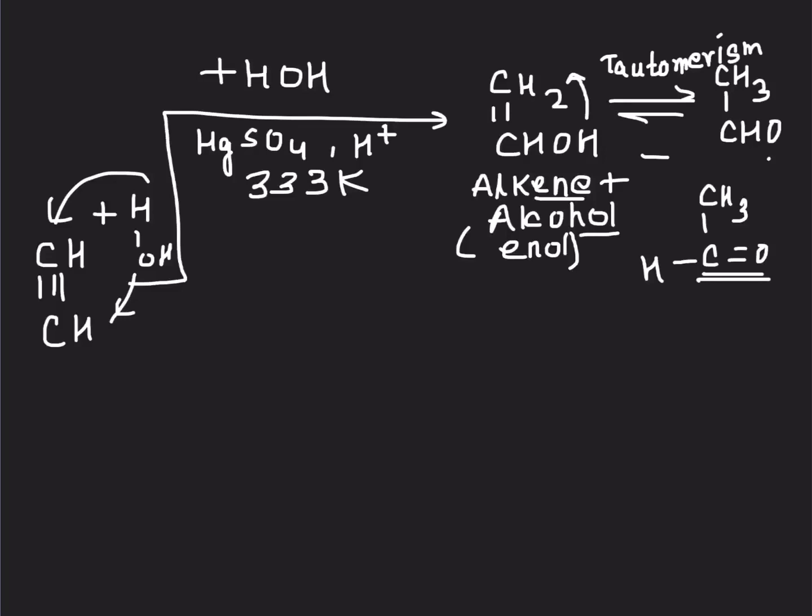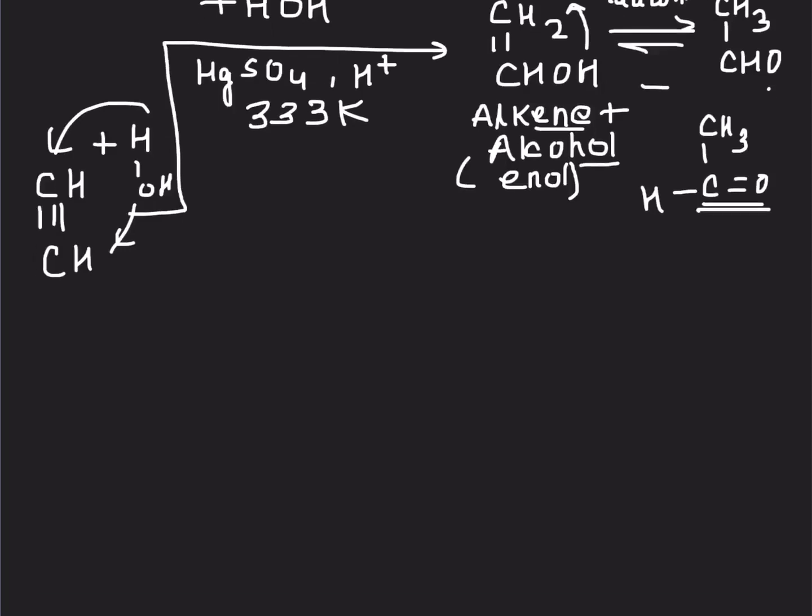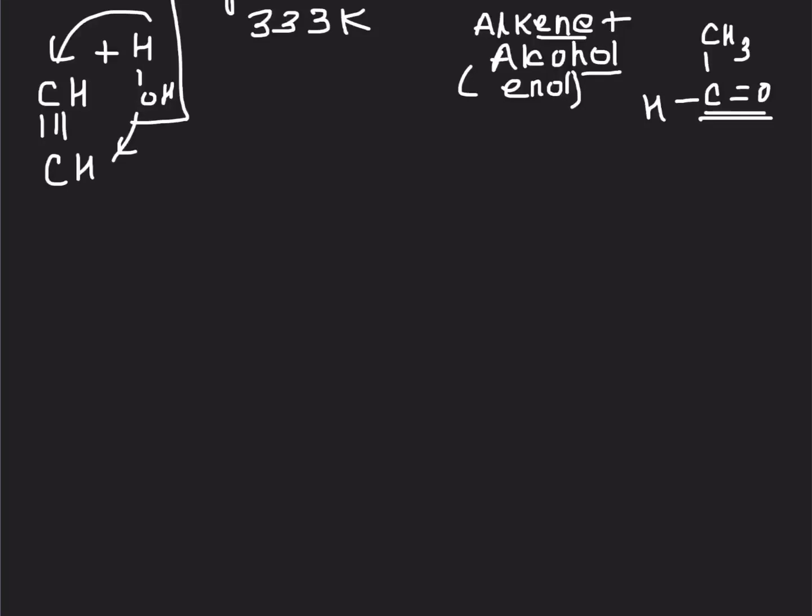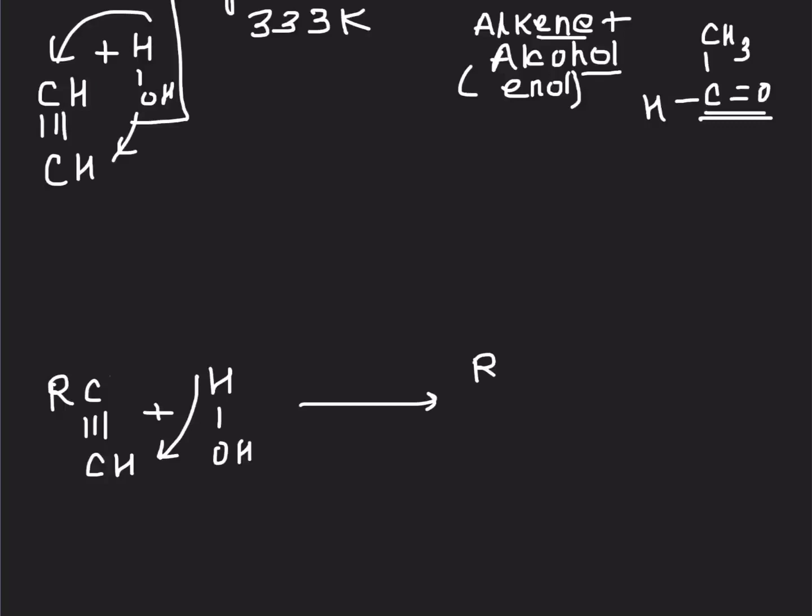Let me slightly change this molecule and let's write the reaction for, let's say we have R C triple bond CH. Add HOH to it. Same reaction. Positive part goes to the carbon bearing more number of hydrogen atoms, giving R C(OH) double bond CH2. So enol, the same way.